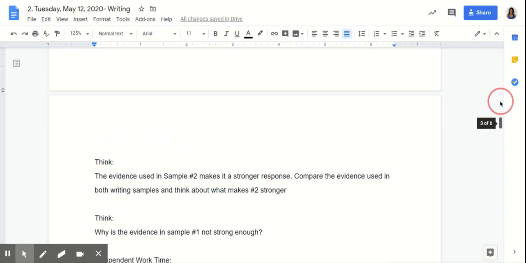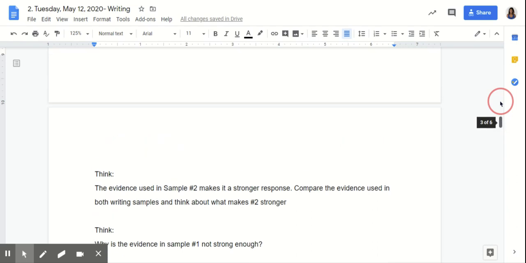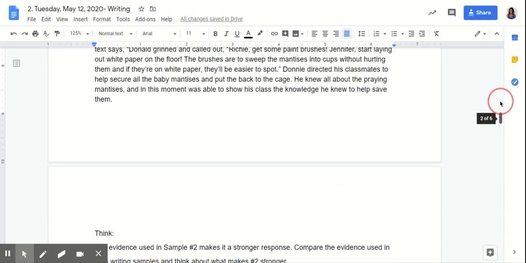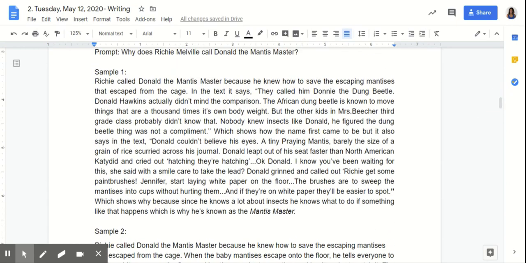Now, this also connects to the next point for thinking why is evidence in sample one not strong enough? Again, we know that this evidence is irrelevant to the question that's being asked, which is why this is making sample one not strong at all. Then, when we get into the next piece of evidence, it's not directly getting to the point of the evidence.